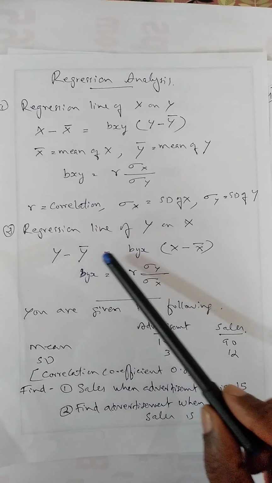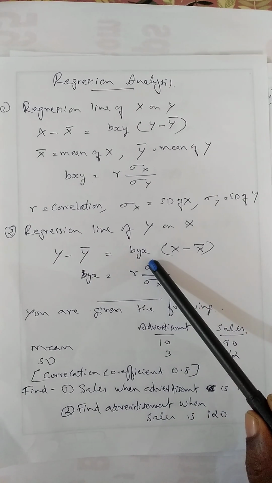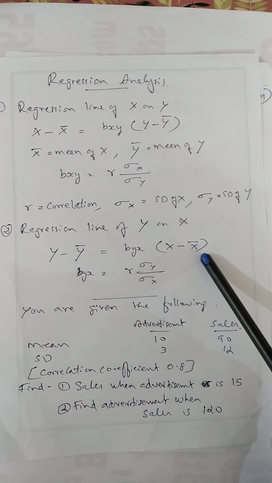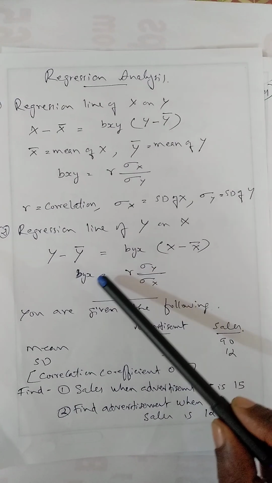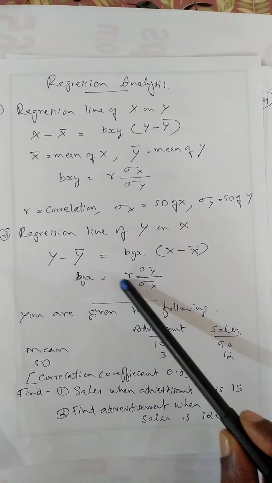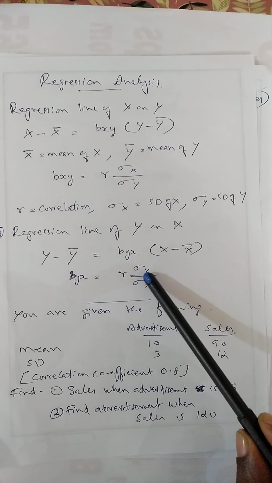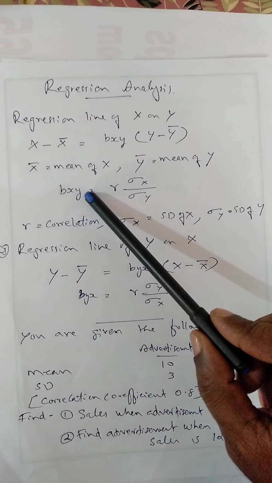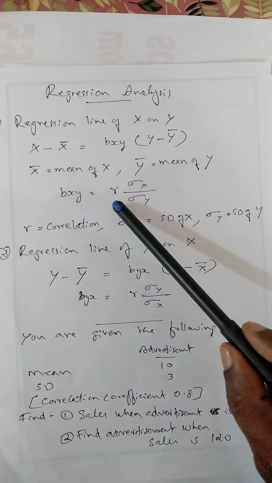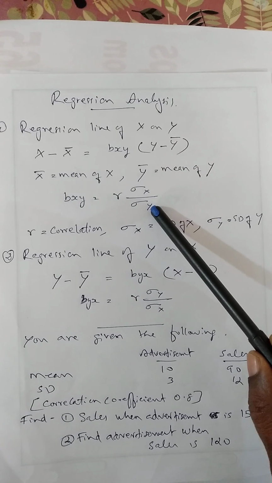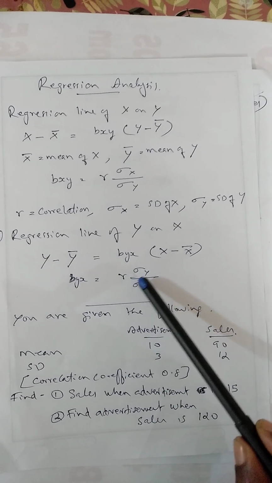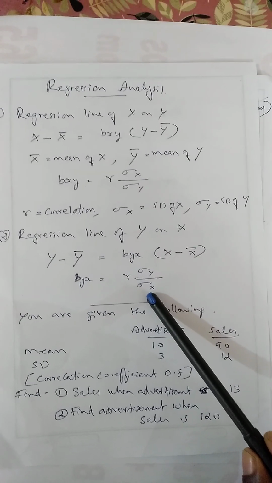Y minus y mean is equal to byx into x minus x mean. And this byx is calculated by using this formula r into sigma y divided by sigma x. Here bxy is calculated by r into sigma x divided by sigma y, isn't it? Byx is calculated by using r into sigma y divided by sigma x.